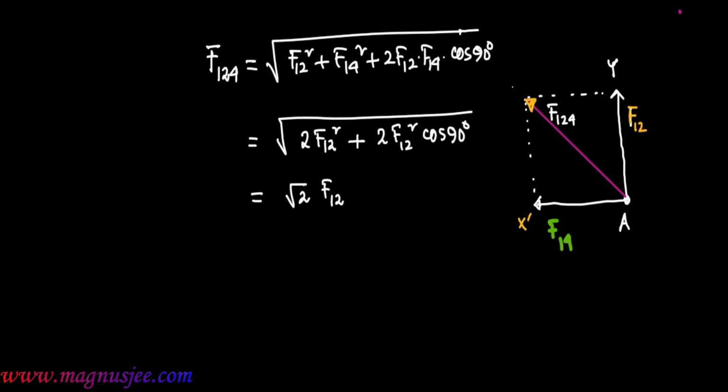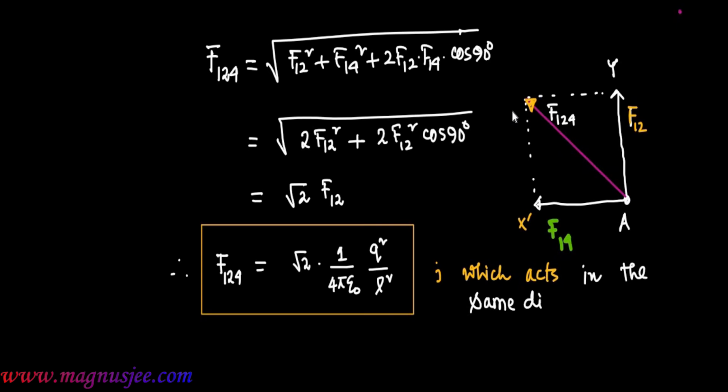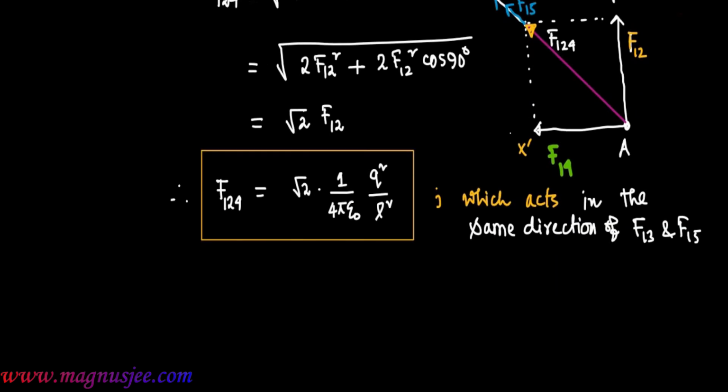Since F12 is equal to F14, finally we get F124 equal to root 2 times 1 by 4 pi epsilon 0 q square by L square, which acts in the same direction as that of F13 and F15. F124 acts along a direction which is the same direction along which F13 and F15 are acting.